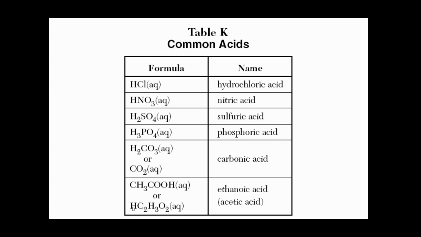But the last one says H, C2H3O2. And if you go to your polyatomic ions and look up C2H3O2, you'll find that acetate is a polyatomic ion. It's got an H attached to it. Sometimes they write it like ka-chew, like a sneeze, and we'll get into that later when we get into organics.